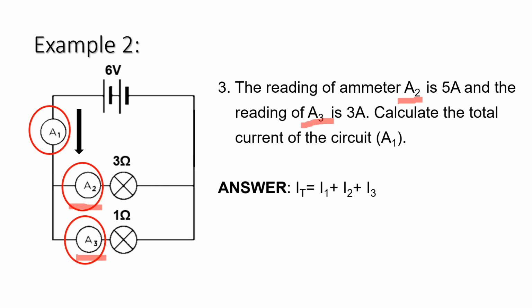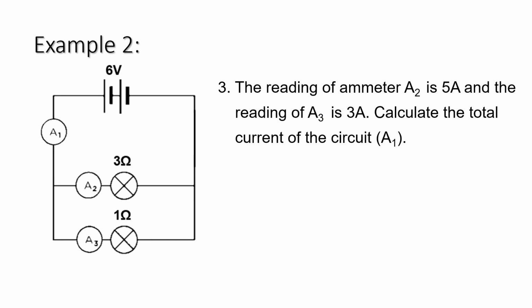We have put ammeter A2 as I1 and ammeter A3 as I2. Because there is no third ammeter, we can leave out I3. So our formula looks like this: IT is equal to 5A plus 3A. So the total current of this circuit is 8 amperes.